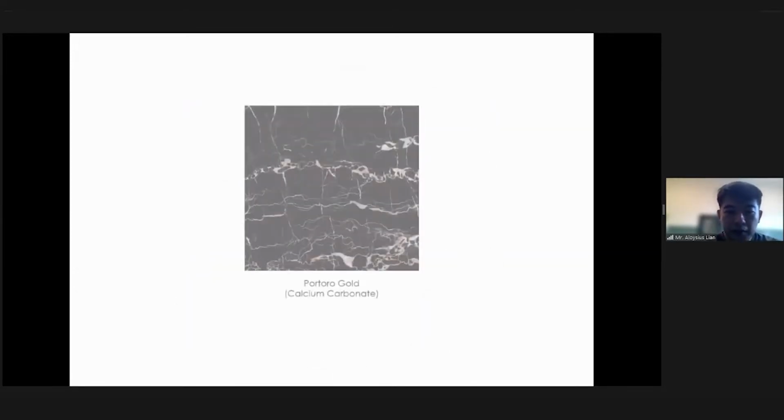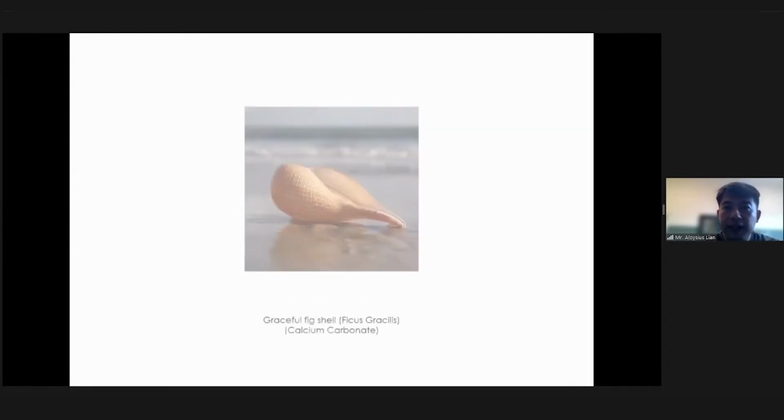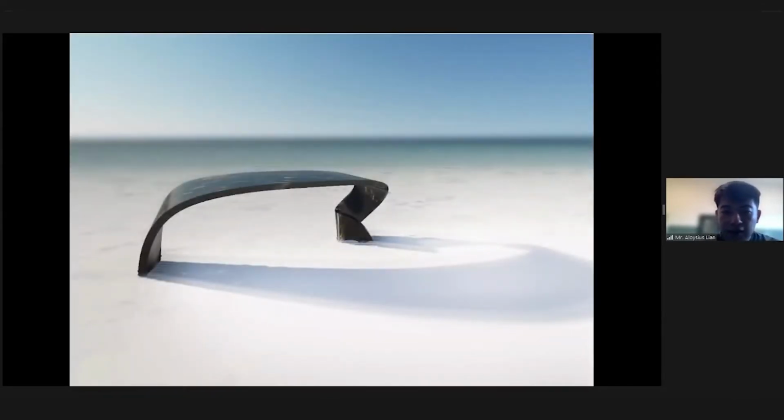So we talked with the marble supplier, Gallery. They have a very cool method of bending the marble. This technique is very useful because it allows us to create many designs.